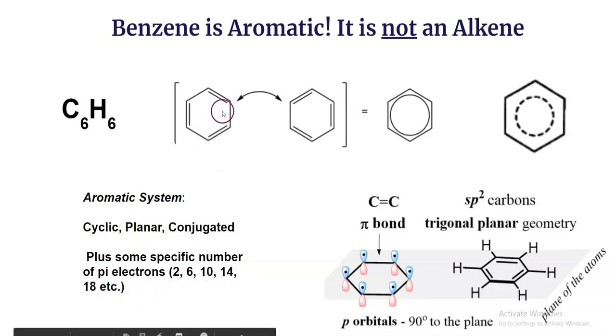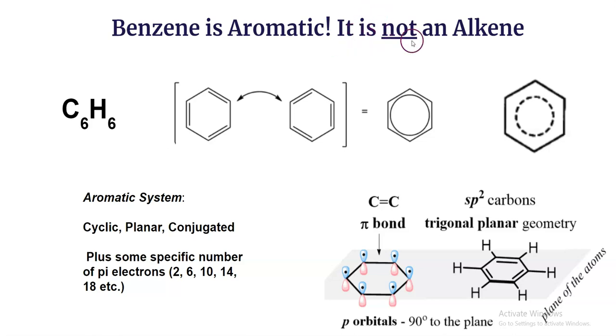In the case of benzene, we have 6 pi electrons, right? So if your molecule is cyclic, planar, and conjugated with this number of pi electrons, that system is called aromatic. Those molecules fall under a special category of organic molecules called aromatic molecules. And benzene is an aromatic molecule.